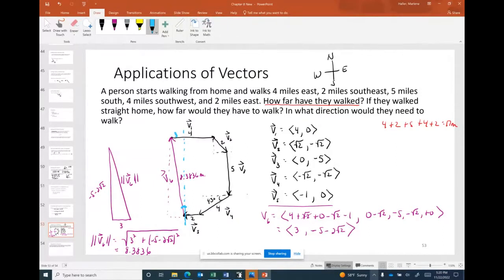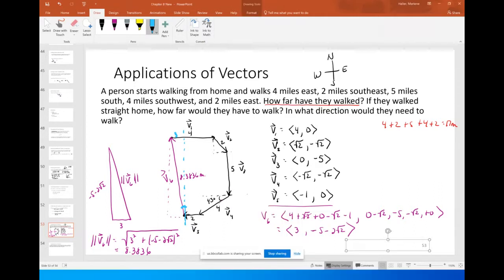The horizontal component is still 3, and the vertical component is still negative 5 minus 2 square roots of 2, right? So I could use inverse tangent here to find that angle measure. That's probably the easiest thing to do.